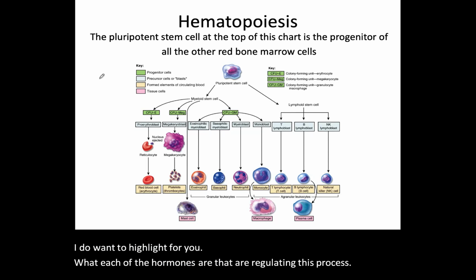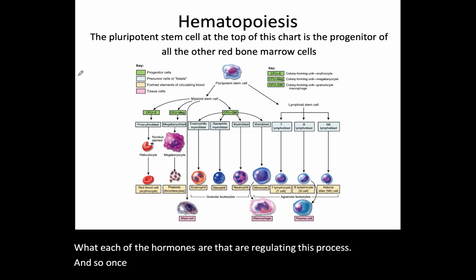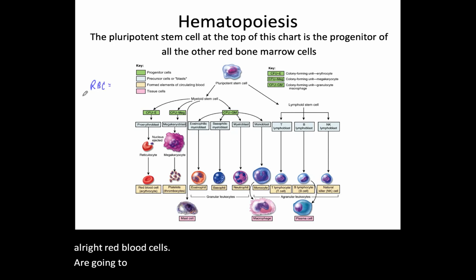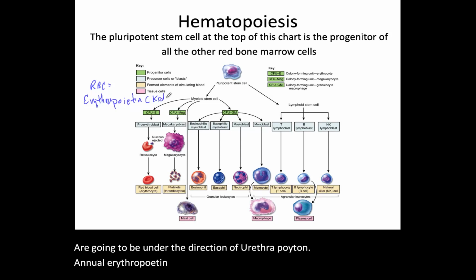And so, once again, just to make sure that we are all on the same page, red blood cells are going to be under the direction of erythropoietin. And erythropoietin, remember, is released from the kidneys. All right, platelets.